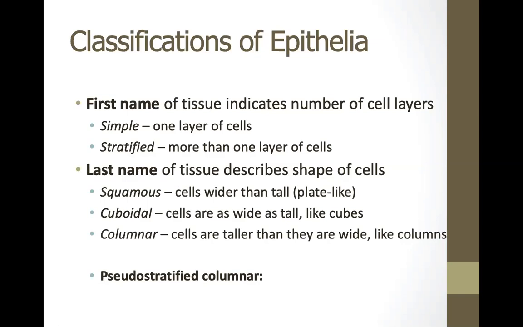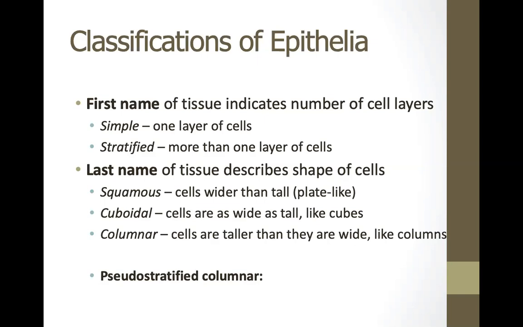So if I have a single layer of cells, the only word that I'm going to use to describe it would be simple. If I have anything more than one layer, so it could be 2 layers, or it could be 20 layers, or 30 layers, it doesn't matter. If it's above one single layer, we're going to identify that as stratified. So when we're identifying the epithelial tissue, we only have 2 options for your first name, either simple or stratified.